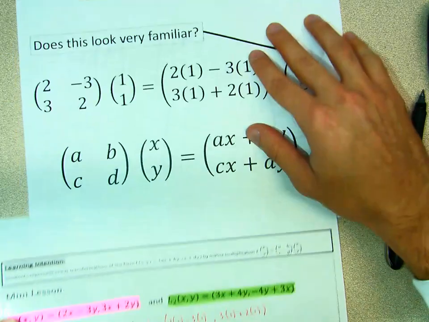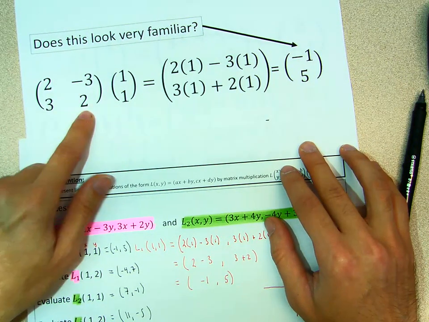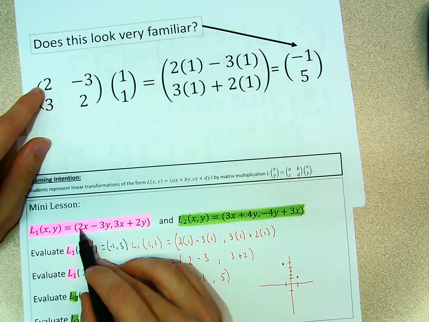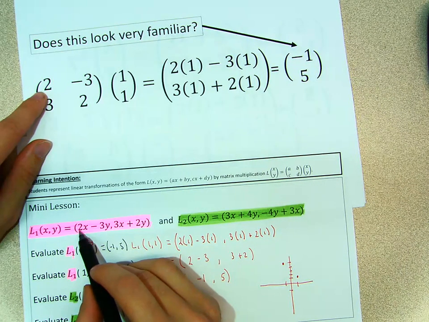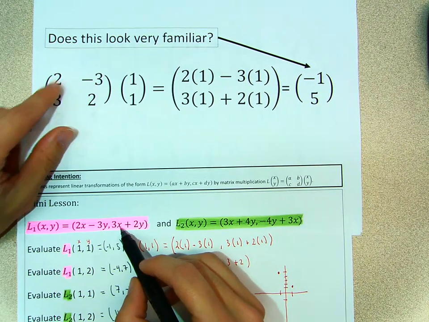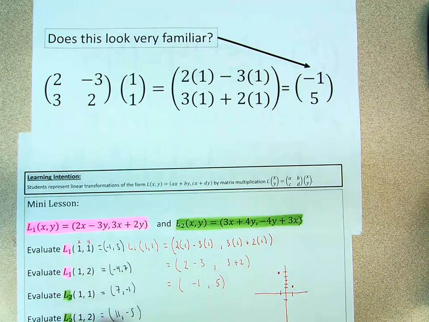Notice, what do this 2, -3, 3, and 2 represent? They represent the coefficients of the x's and y's. So look at the coefficient for this 2x, it's 2. For this -3y, it's -3. For this 3x, it's 3. And for this 2, it's 2. Okay? So that's the connection for that.